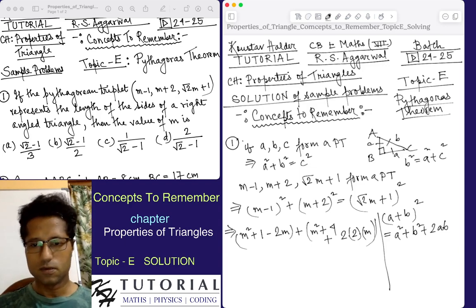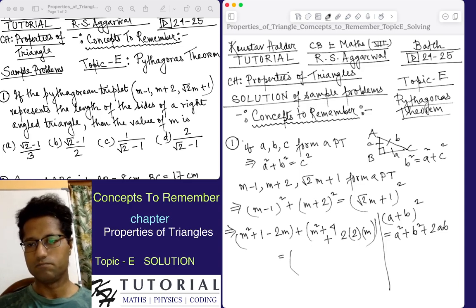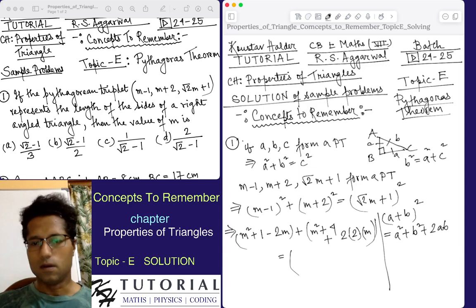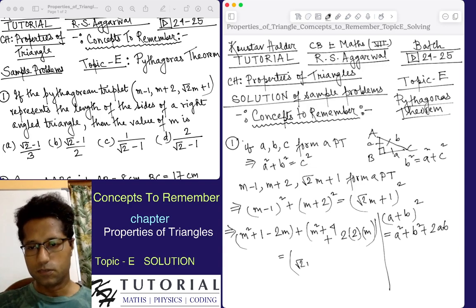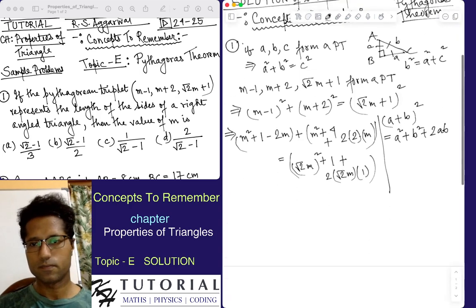So this is equal to, if you do (root 2m plus 1) whole square, we get root 2m square is, okay, let's do it step by step. This square plus 1 square is 1 plus 2 into root 2m and 1. So we have this.